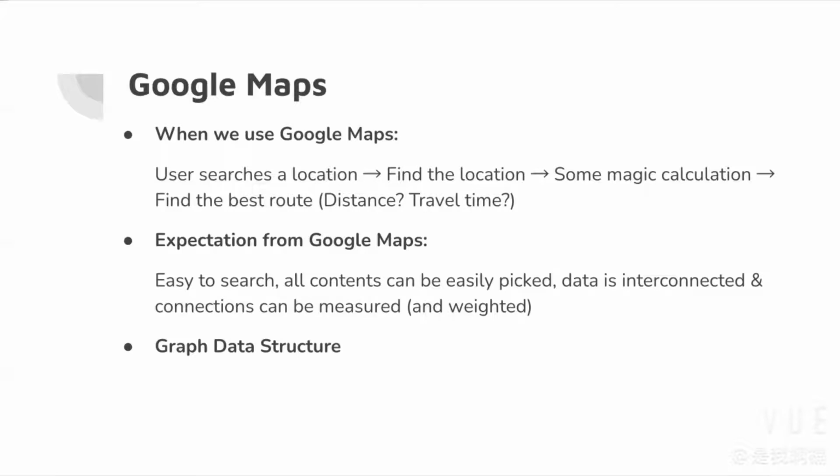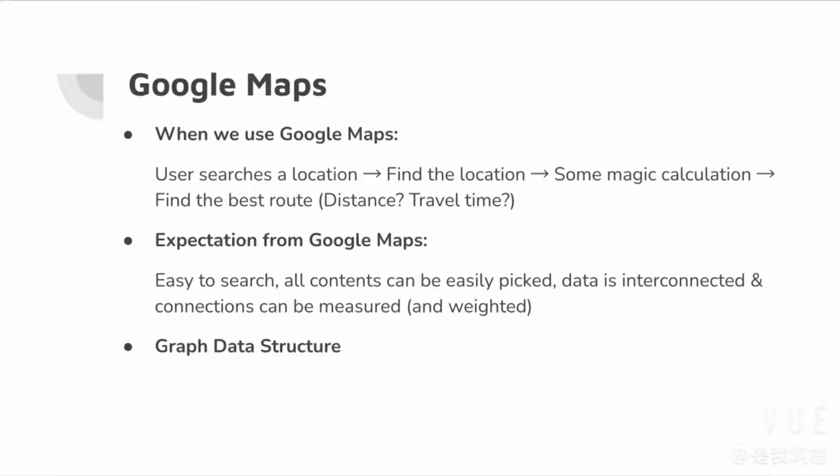First, this data structure should allow you to easily search any location in this map, and you can easily pick any location, or we can say any data, any content in this map. And what's more important, all this data should be interconnected, and these connections should be able to be measured.